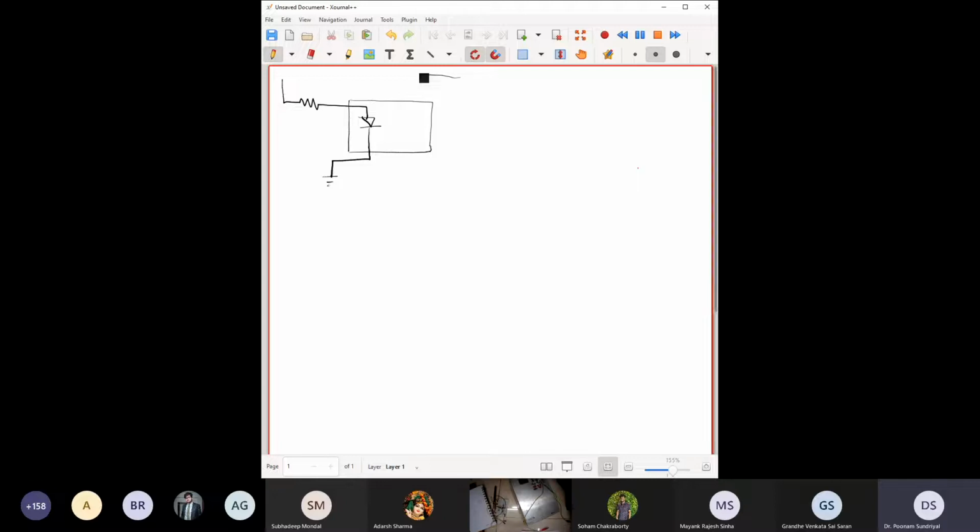So this can carry a maximum of 30 milliamperes, and often for actuating relays this is more than sufficient. This is the relay side.